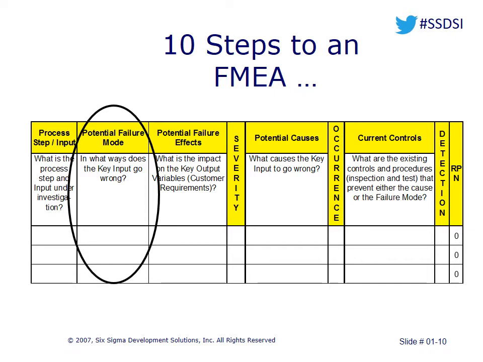Those each go in different cells or different rows. Then I move to the potential failure mode, and I say again, that step of setup, the input being the work instruction: how can that input fail? There could be many different failure modes.